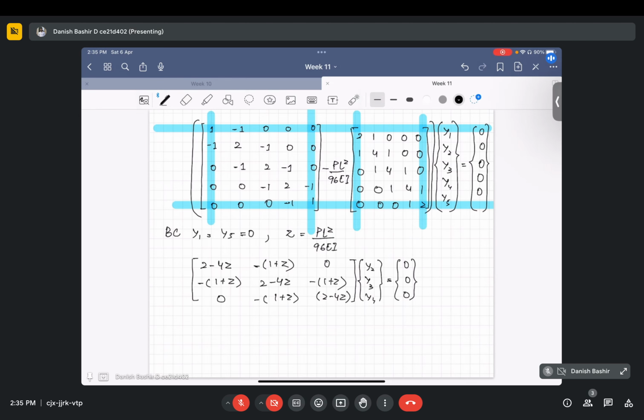So we first have to get the eigenvalues for this matrix, because this is an eigenvalue problem. To get the eigenvalues, set the determinant equal to 0.